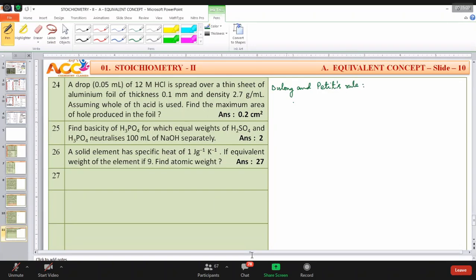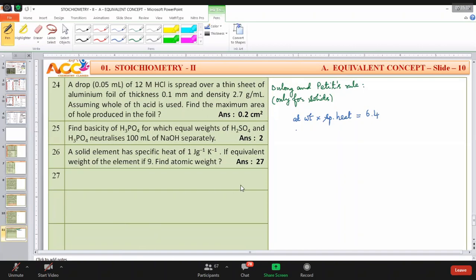There is a rule known as Dulong and Petit's rule. Remember that this rule is applicable only for solids. This rule says that atomic weight into specific heat is equal to 6.4.